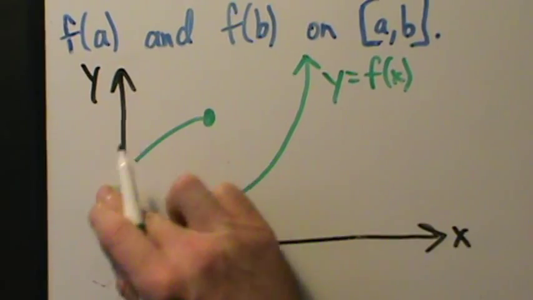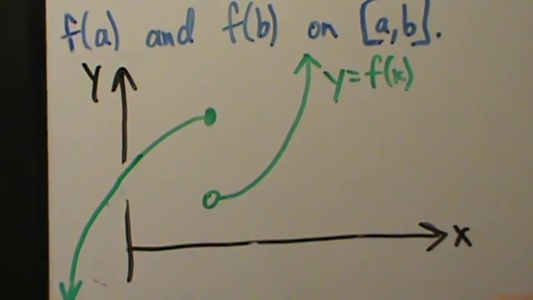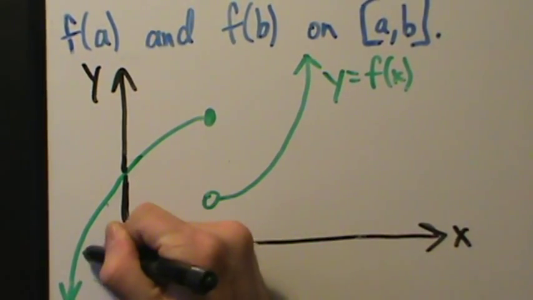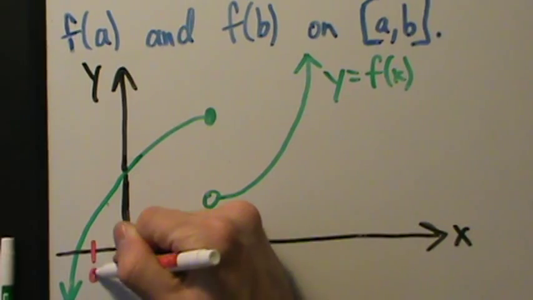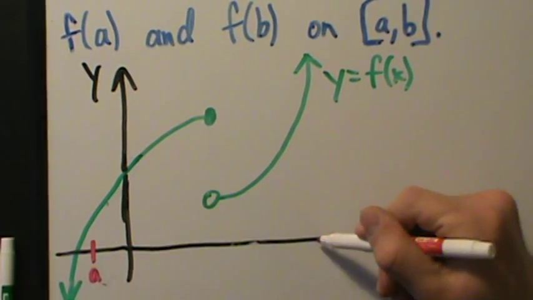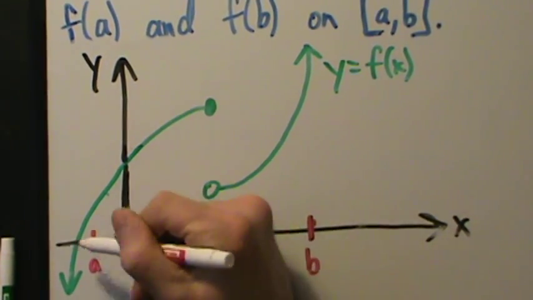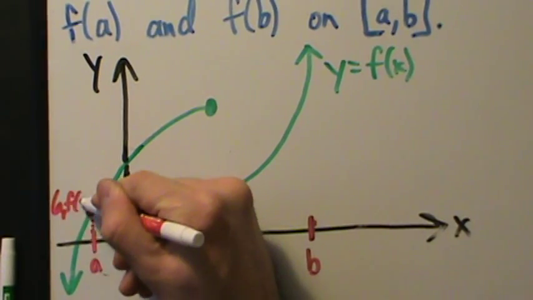I have to extend this over here. Okay, so we're going to put A right here, and we're going to put B over here. Okay. So this right here is A comma f of A.